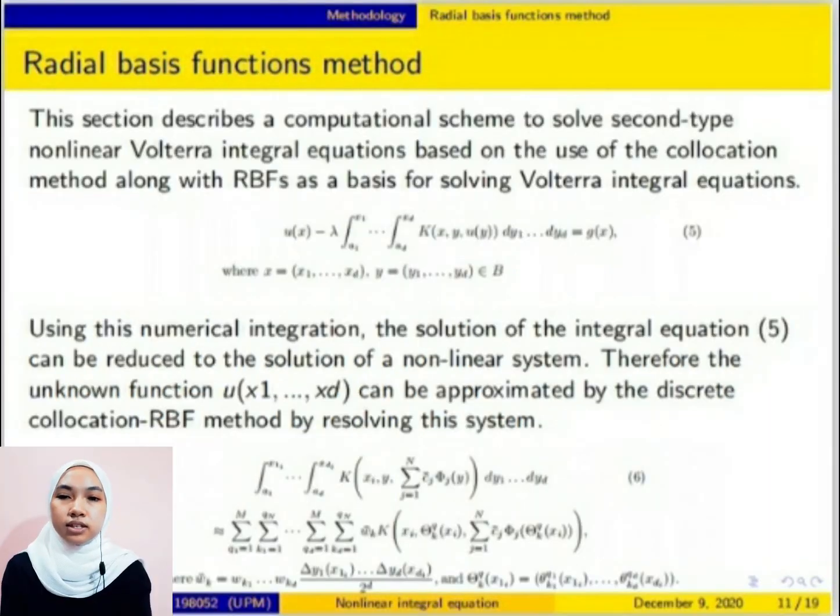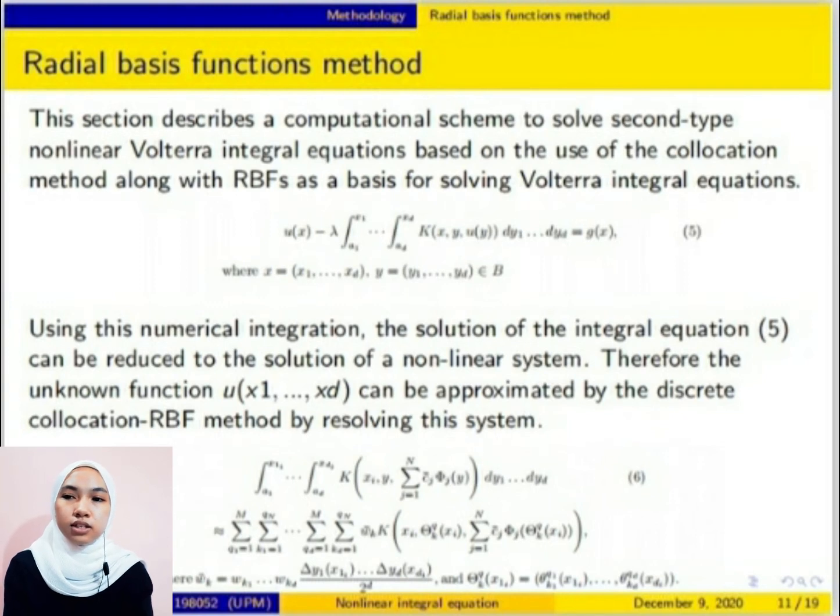This section describes a computational scheme to solve second type nonlinear Volterra integral equations based on the use of the collocation method along with RBF as a basis for solving Volterra integral equations. So below is the original equation of the radial basis function method.